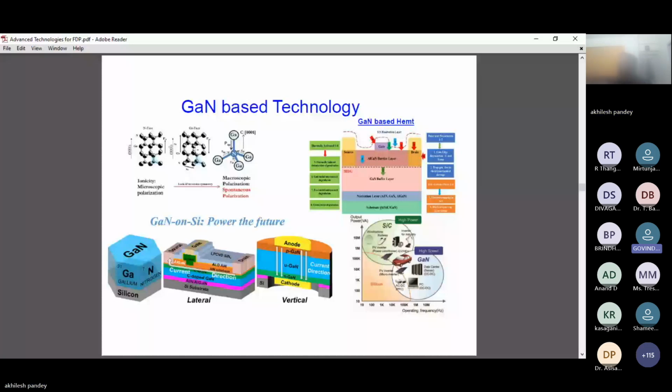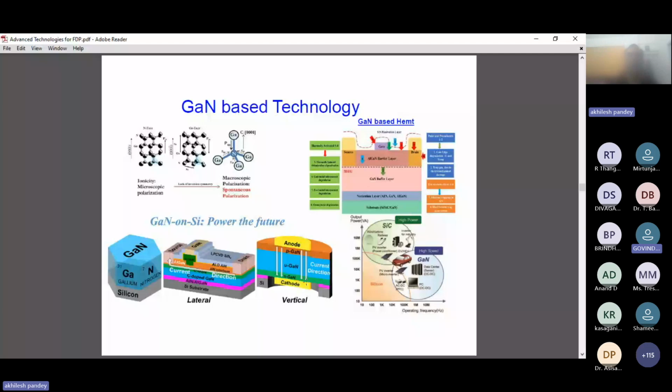So high electron mobility transistors can be used in various applications like data center servers, AC to DC converters, photovoltaic inverters, and high frequency and high power devices. Now these are two devices showing vertical devices and lateral devices. These are the GaN on silicon, which is the power of the future.